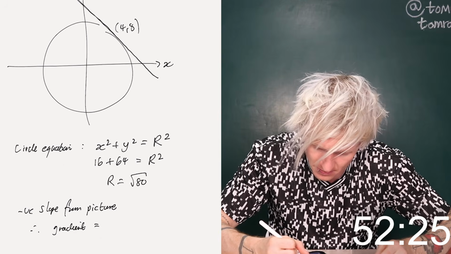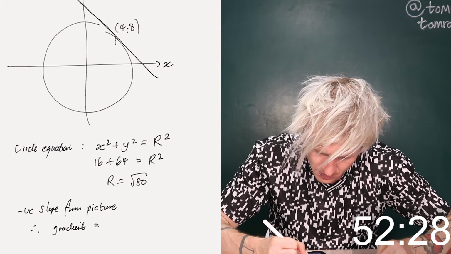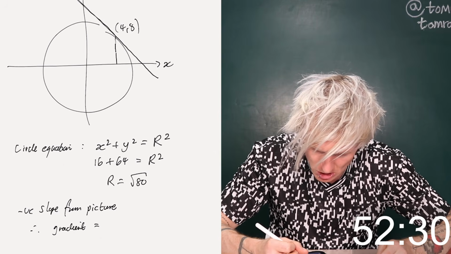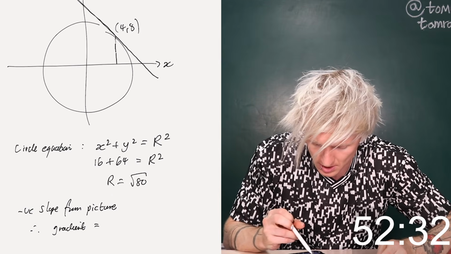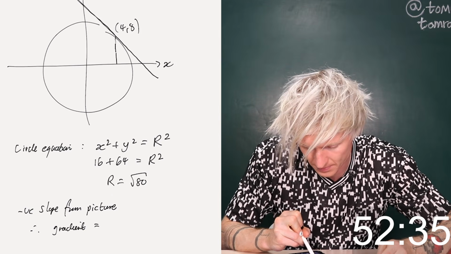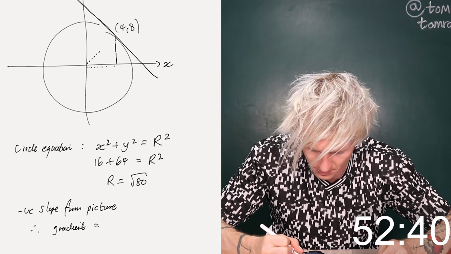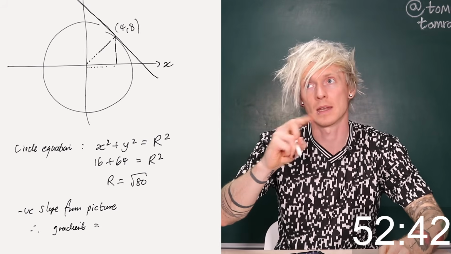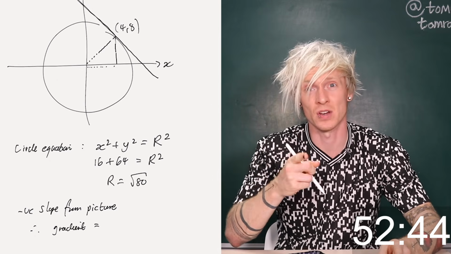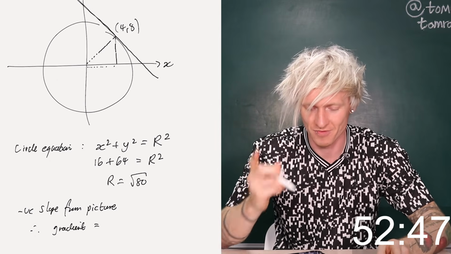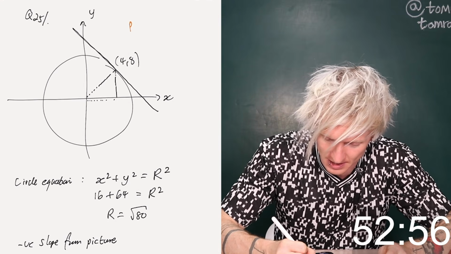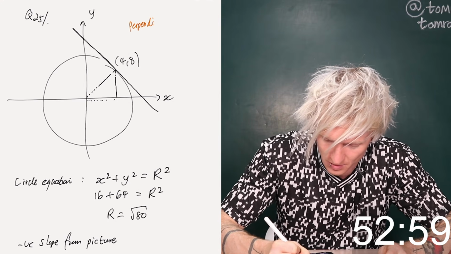So if I were to draw something down like so, what do I know? Okay, so let's pretend it was the positive one, and then I know that it's minus the inverse of the positive one. Right, so I can say, this is so not the way to do this question. I'm going to say that the perpendicular gradient, we know that.